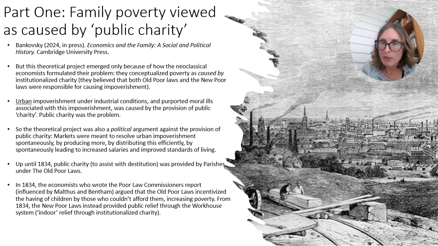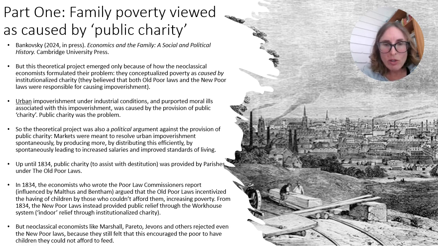So families were viewed as primarily responsible for their own destitution. Pareto too thinks that families should even anticipate economic decline in future times, having fewer children so that they can support them through famine and so forth. So families are now depicted in this period as responsible for their own poverty.